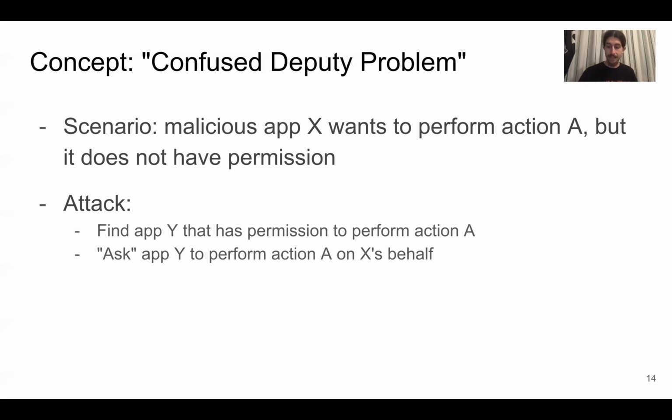Basically, the receiving framework receives a request, which in this case would be application Y asking to perform action A. The framework says, well, it's Y asking me to perform action A. Let me check. Okay, Y has the proper permission, so I'm going to let you do it. And the confused deputy problem kicks in because the actual request was started from X, not from Y. And the framework doesn't know this, and so it's confused.